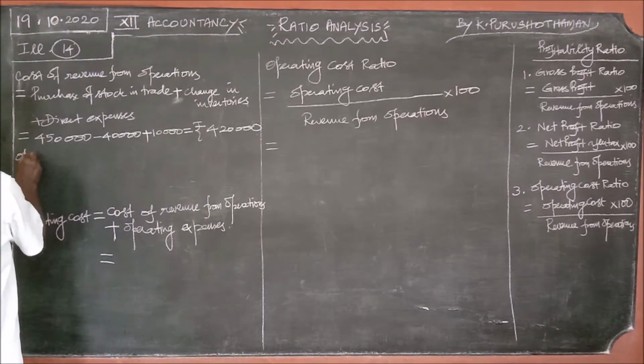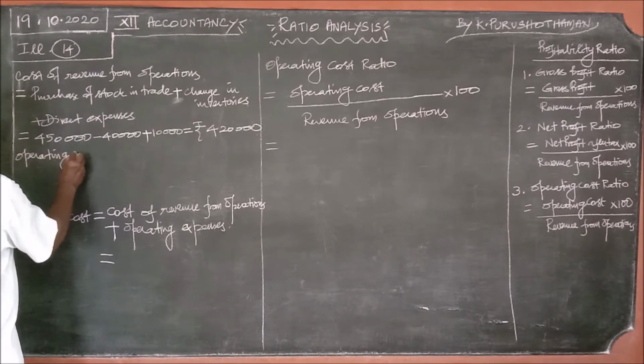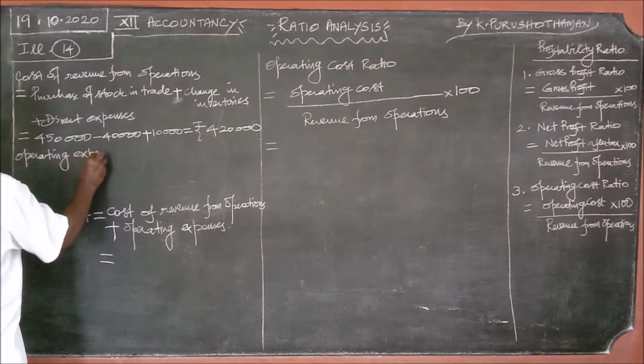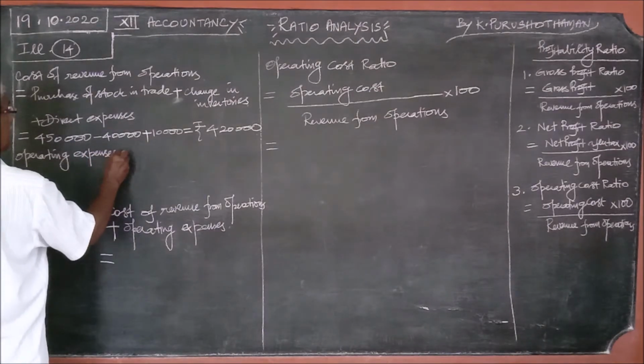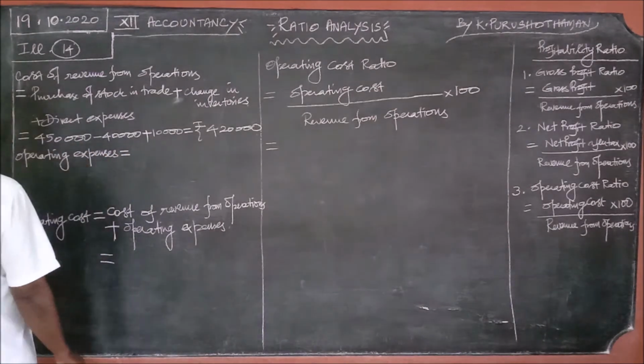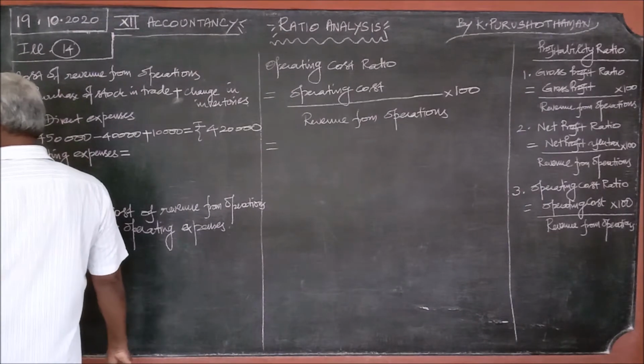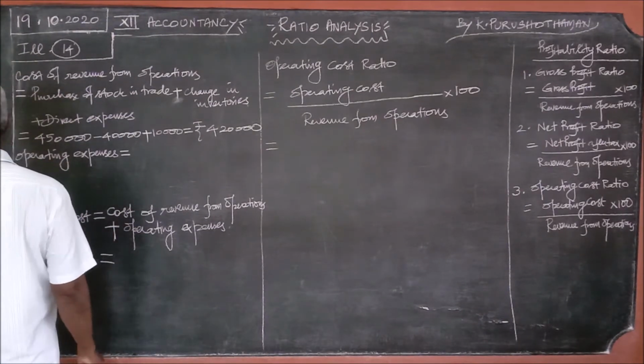Then the next point is operating expenses. Operating expenses is equal to, what are the operating expenses given here?